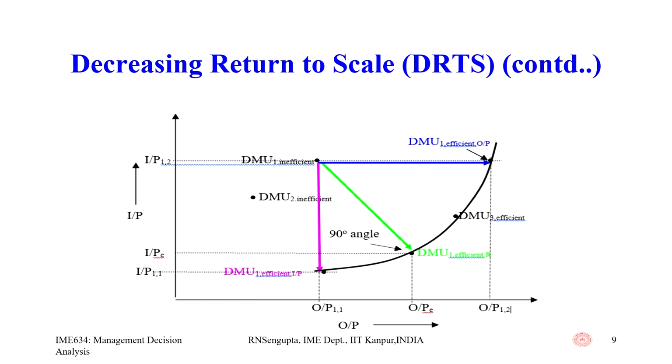In this graph they are just interchanged, that means output is along the x axis and input is along the y axis. Actually, the first diagram is the one I spent time on, because that makes much better sense. So, all the detailed discussions I mentioned, that the inefficient DMU can go vertically up, go horizontally to the left, or go radially, would all be repeated in this diagram also.